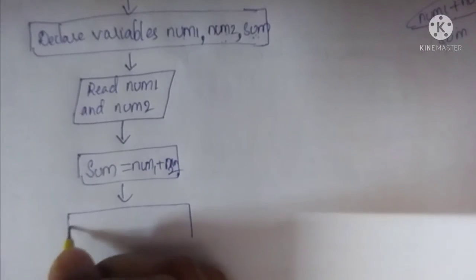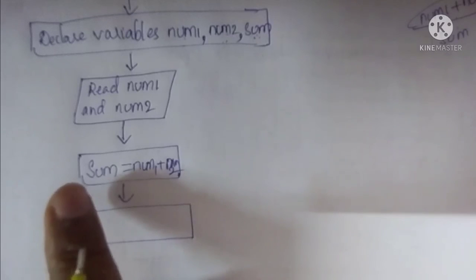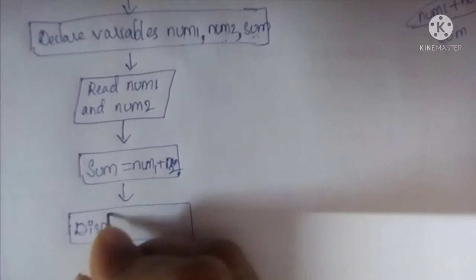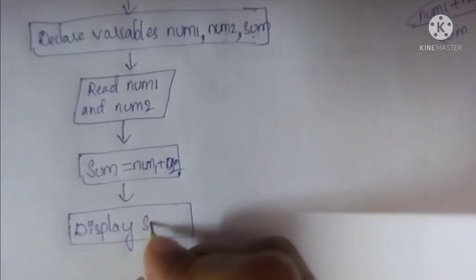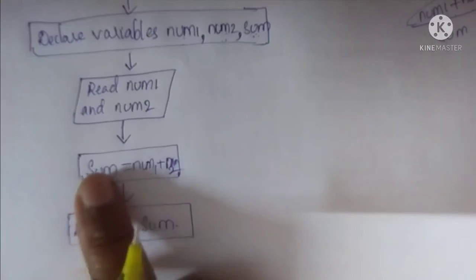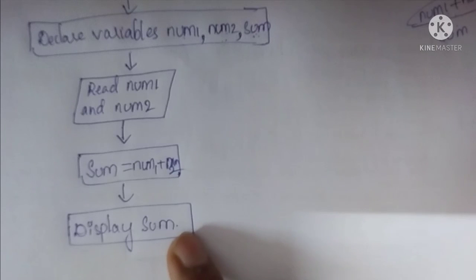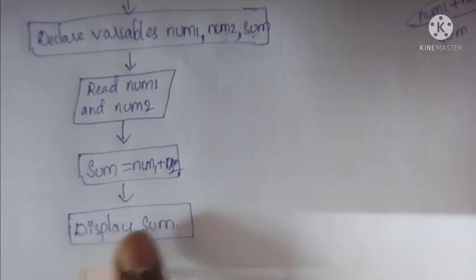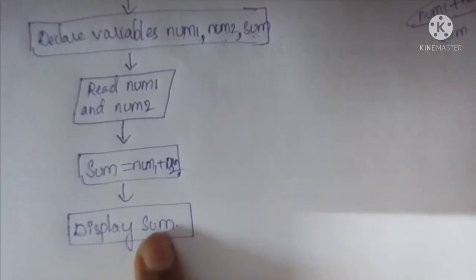Next, after storing the value in the sum variable, we have to display the sum. Display sum, then the sum value will be displayed, or you can use the print statement also. Both are similar. Display sum means it is going to give the value of the sum.